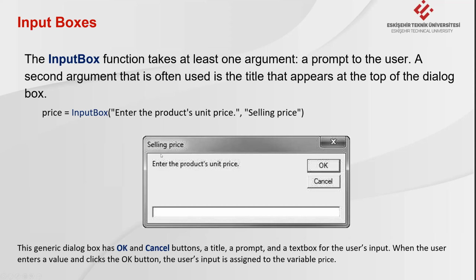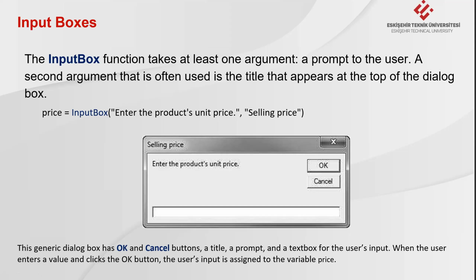And you see this message in here. And so we have a title as well. If you would like to define the title, you can use one more parameter here, and you define the title, for example, selling price. These are all strings, as you see in here. And finally, when this function runs, you're going to see this input box on the screen, and it will get the unit price from the user.